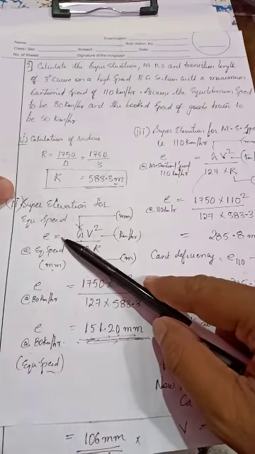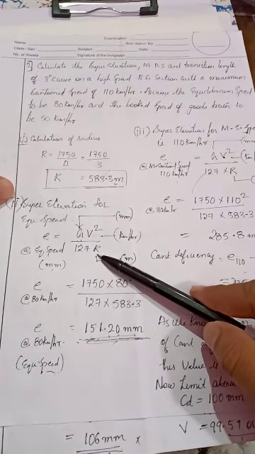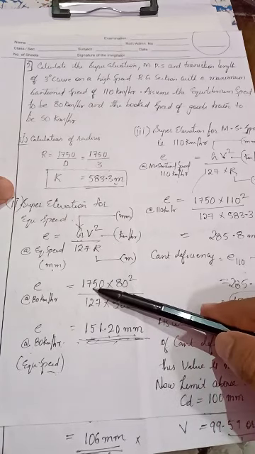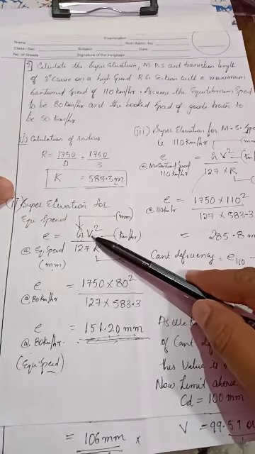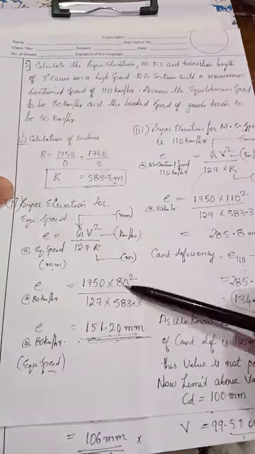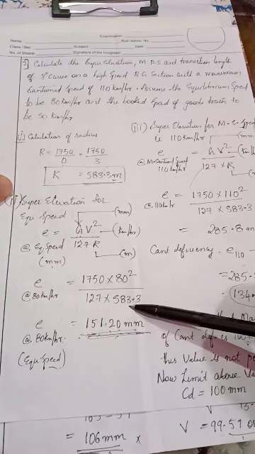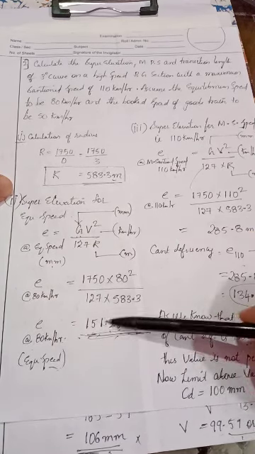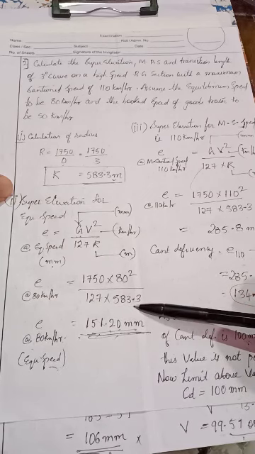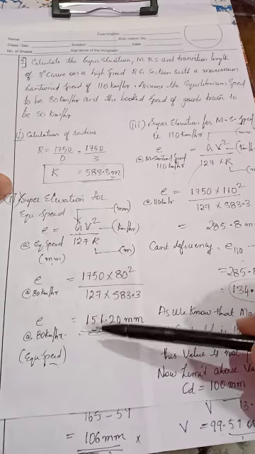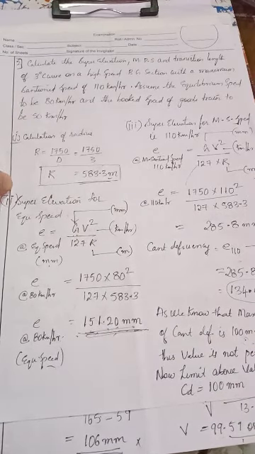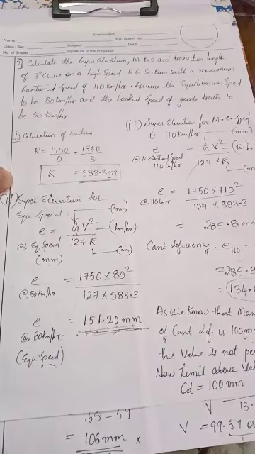So the formula is E equals GV square by 127 R. G is the dynamic gauge, 1750, V is the equilibrium speed, 80 km per hour, 80 square by 127 into radius 583.3. So 1750 into 80 square by 127 into 583.3 stands for 151.20 mm, the super elevation at equilibrium speed.